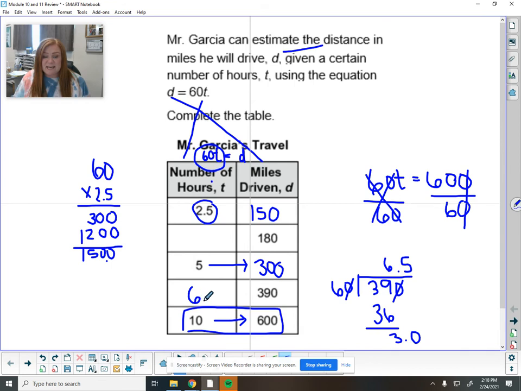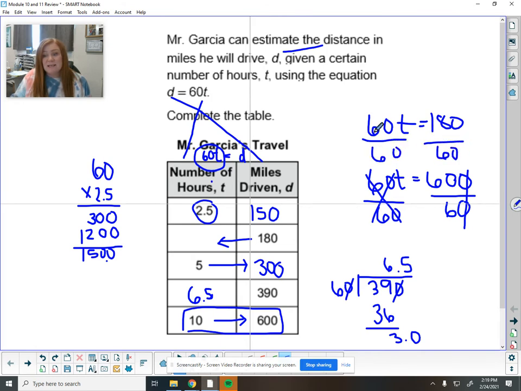So after 6.5 hours, they went 390 miles. Then our last one, going backwards, so we have 60T equals 180. So we want to divide by 60 on both sides. So 60 goes into 180 3 whole times. So after 3 hours, they drove 180 miles.